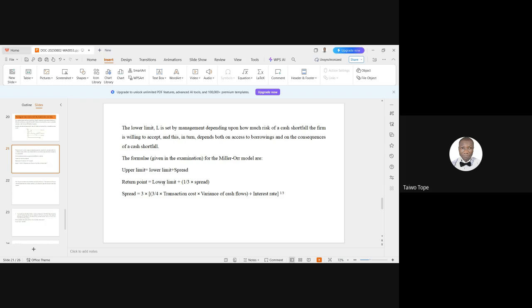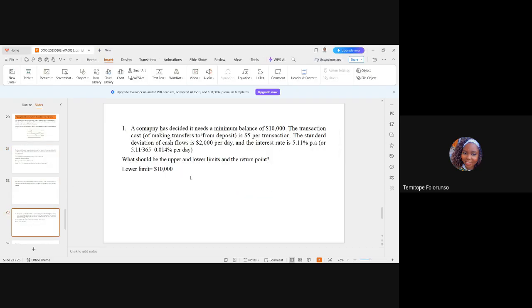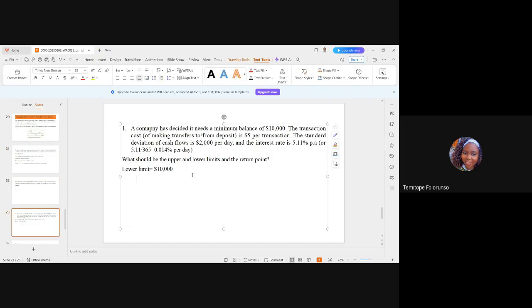Now, for you to get the return point, the formula is what? Lower limit plus 1/3 times spread. The return point will be equal to your lower limit plus 1/3 multiplied by the spread.